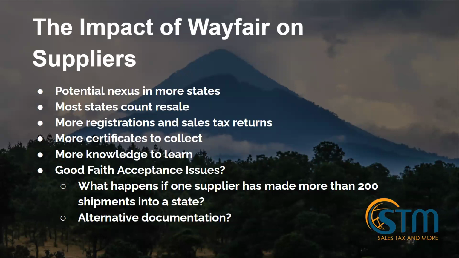So what happens if you yourself made more than 200 shipments into a state for a retailer? Well, you yourself created nexus for them if it was a state with a 200 transaction threshold. So can you accept alternative documentation if they actually have nexus in that state?